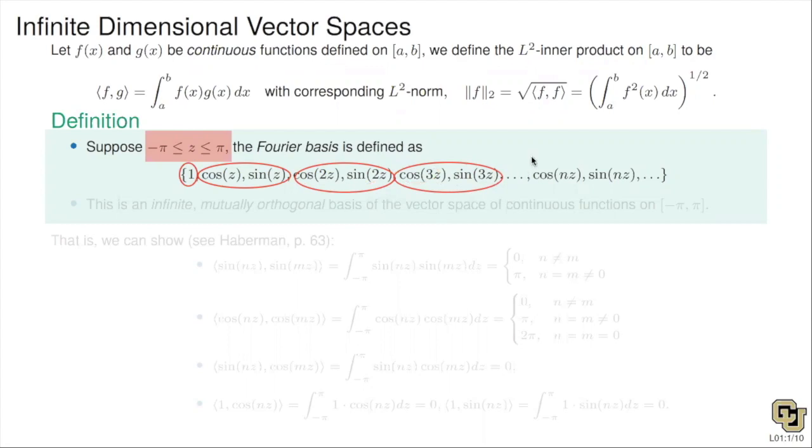Cosine 3z, sine 3z. In general, it's the set cosine nz, sine nz, n going from 1 to infinity, with the number 1 thrown in there. Or I guess you want to say n equal to 0, that's fine. 0 isn't in the set for sine, 1 is in the set. So this infinite set of functions forms what we call the Fourier basis.